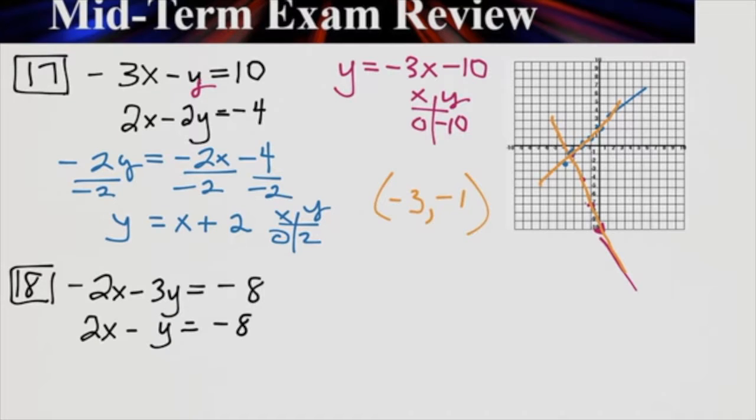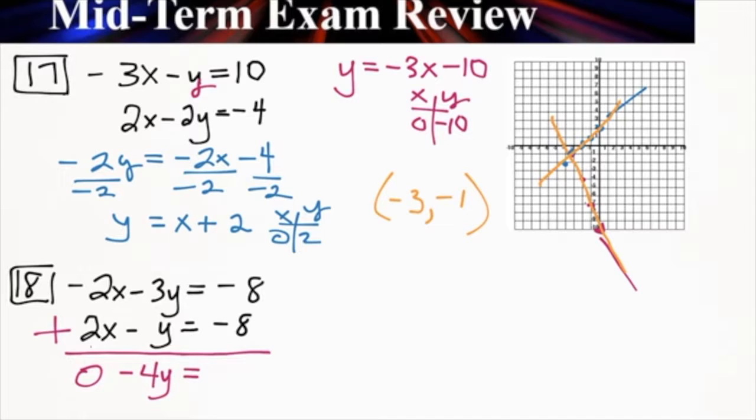Okay, so for 18, we're going to use elimination because I can see it right here. If I add the 2's, I get 0. If I add the y's, I get a negative 4y. And if I add the 8's, I get negative 16. Just watch your negatives. If you divide by negative 4, you're going to get a positive 4. So if y equals positive 4, then I can use any one of the equations.